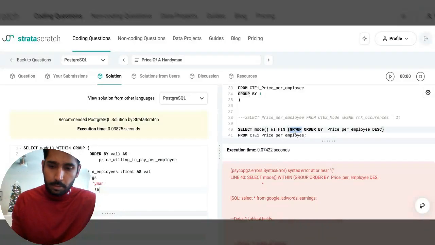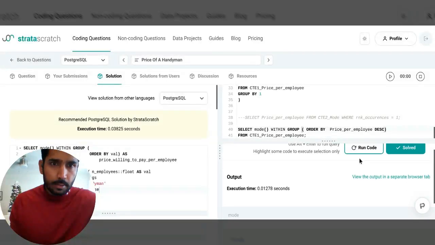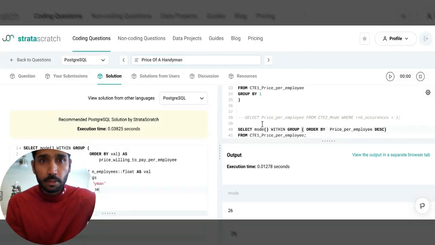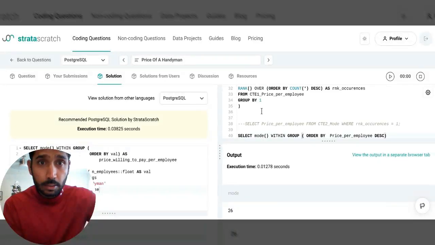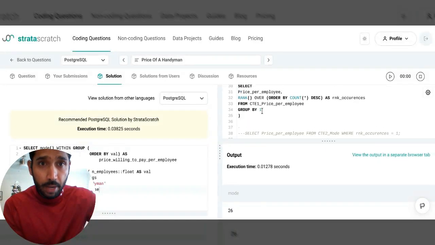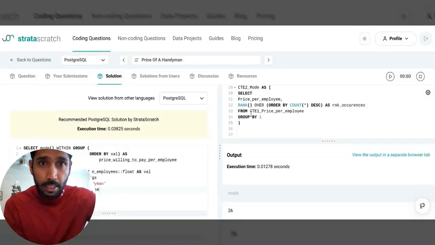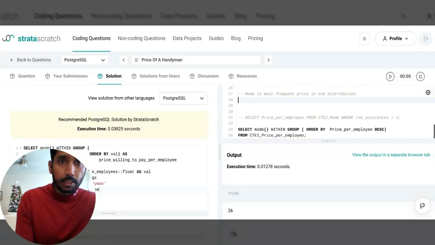Oh, the group keyword comes outside. Okay, that's interesting. All right. So you can either use this in this format or in a different format. I would use this function because it's computationally very effective. You can completely get rid of the second CTE. I would use that function for sure.